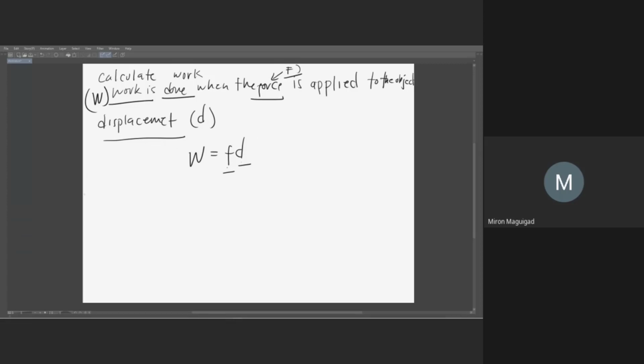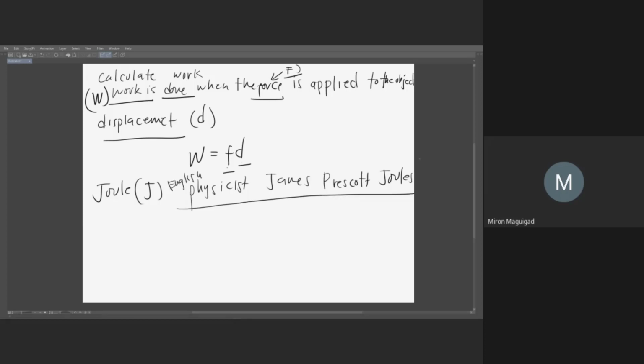The unit joule, or J, is named after the English physicist James Prescott Joule. This is also a unit of energy, so we can use the joule for energy.